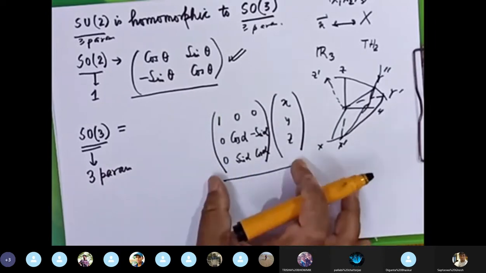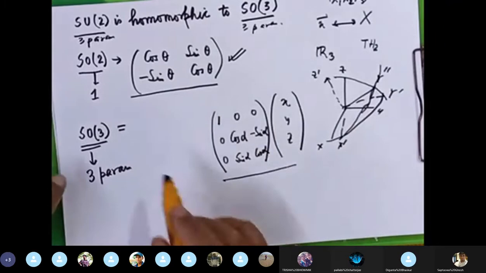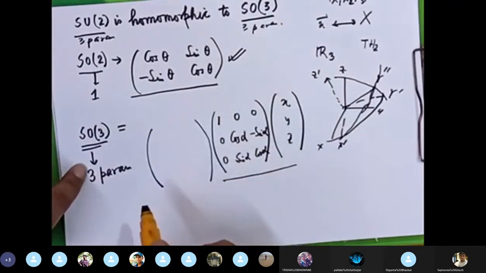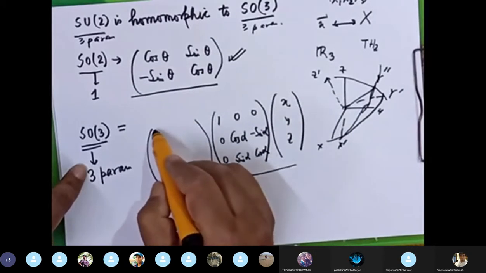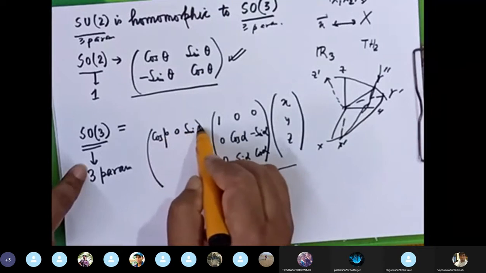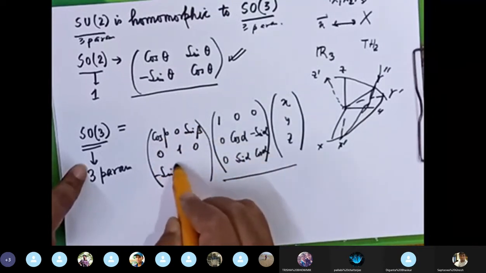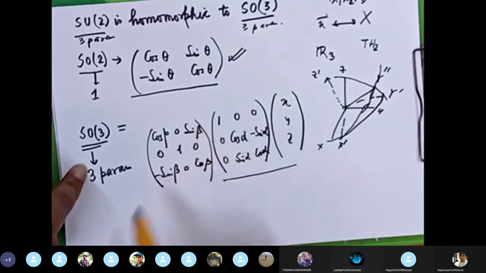Then this object, multiply it, take it as a column vector. This object, you are doing a rotation about the y-axis. So it will be cos beta 0 sin beta, 0 1 0, minus sin beta 0 cos beta. So the minus sign is immaterial, here or here is the same.